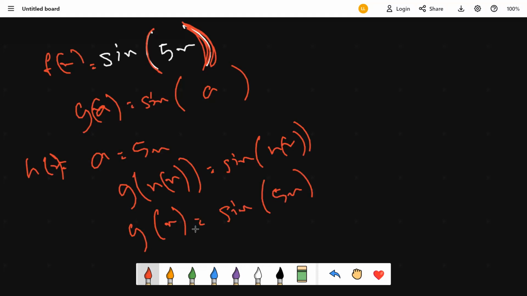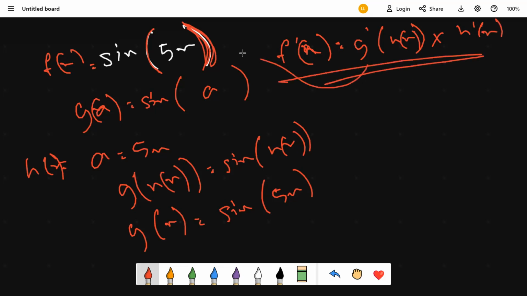Whatever is inside the sine function is itself another function. So if you are going to find the differentiation, how do we do it? Remember, f prime of x in that scenario is g prime of h of x multiplied by h prime of x.